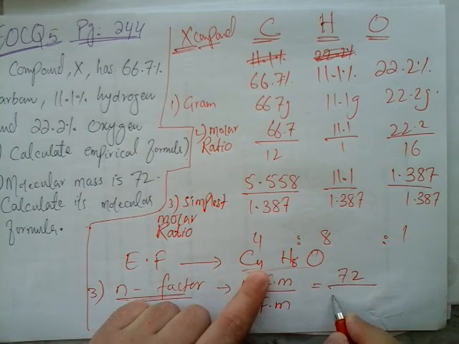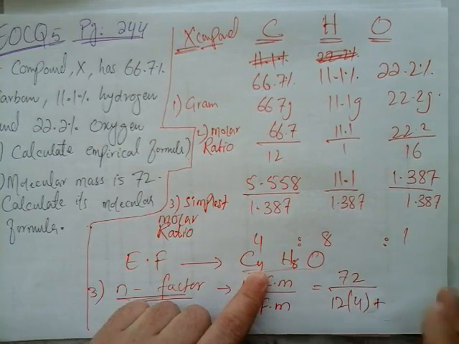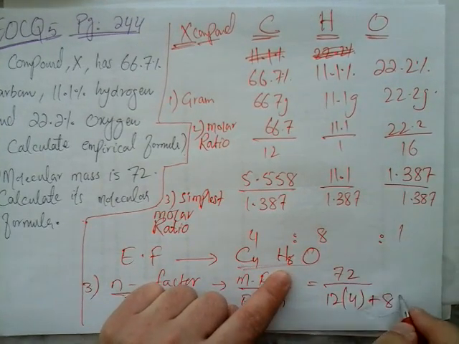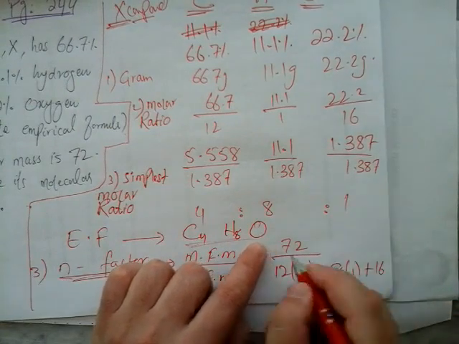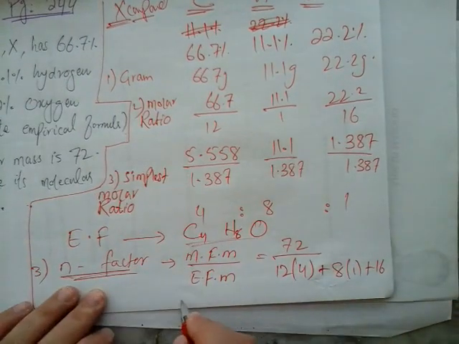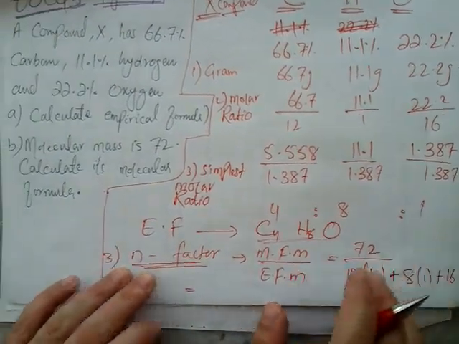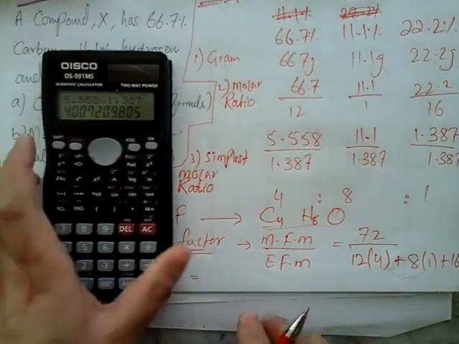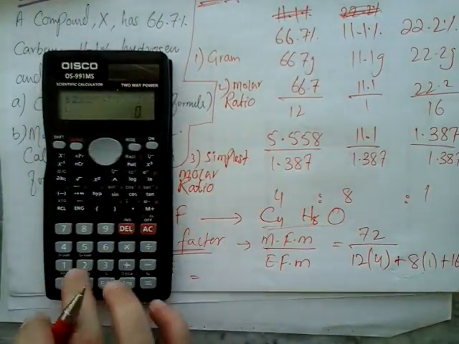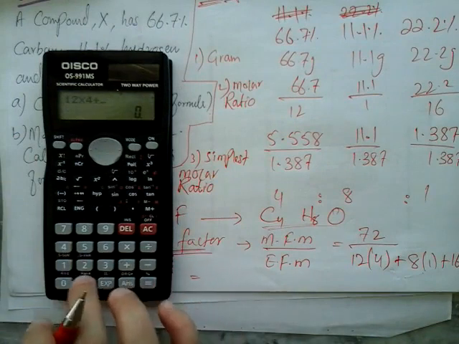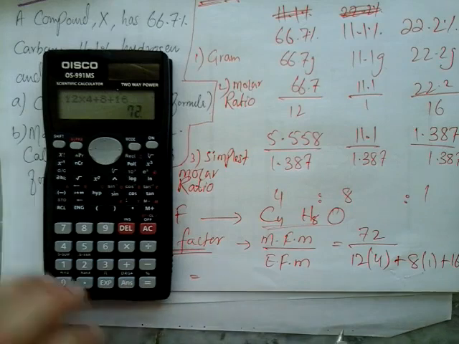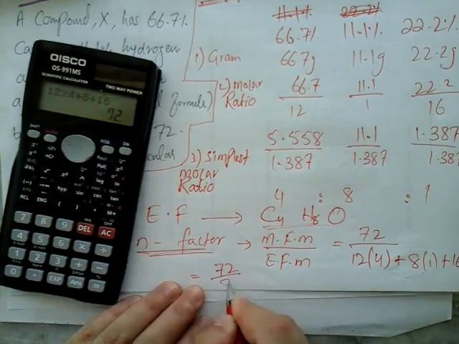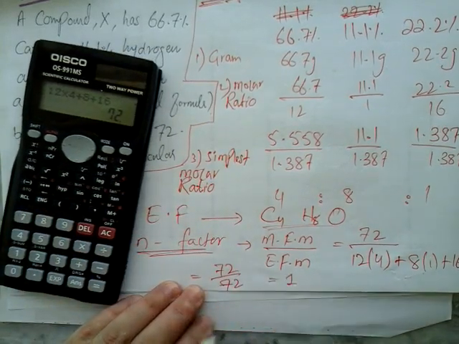So 4 atoms of carbon, 12, plus 8 atoms of hydrogen, mass of hydrogen is 1, plus 1 atom of oxygen, 16. So 12 multiplied by 4 plus 8 plus 16 comes out to be 72. 72 divided by 72 is equal to 1.